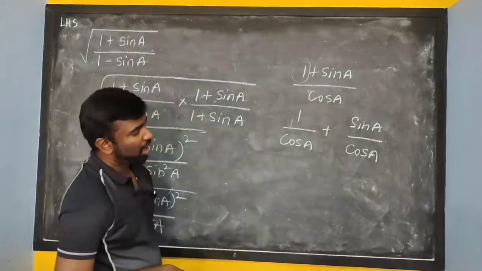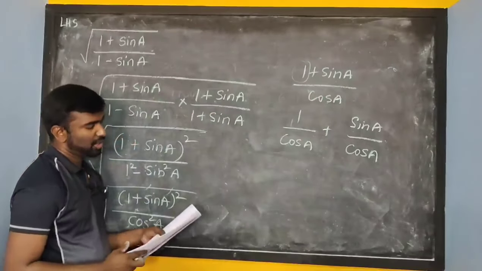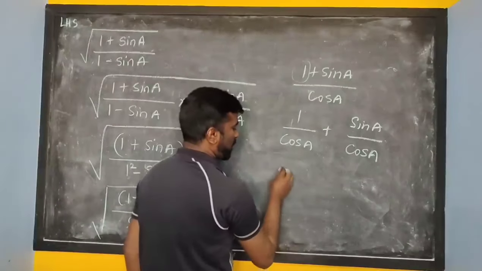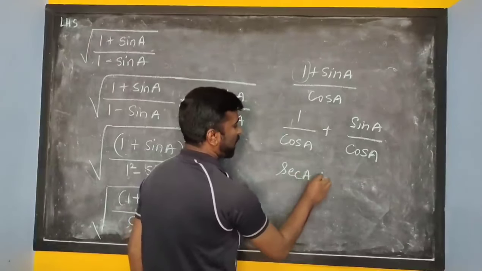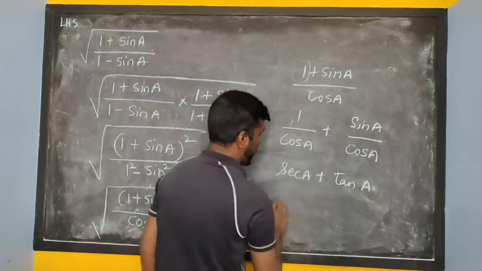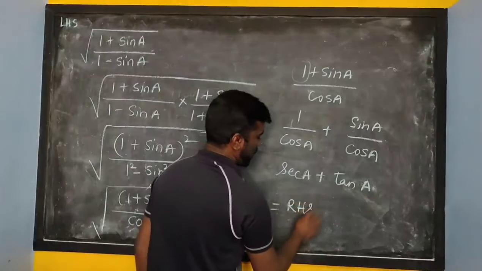Because in the RHS we need it in the form of secant A and tan A. Now 1 by cos A, the reciprocal, is secant A. The ratio sin A by cos A is tan A, which is equal to the RHS.